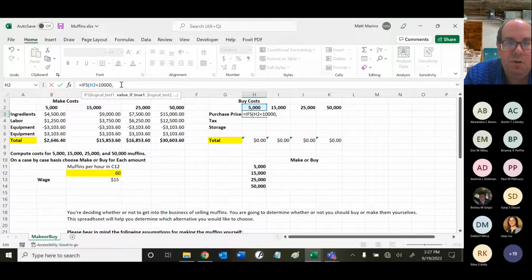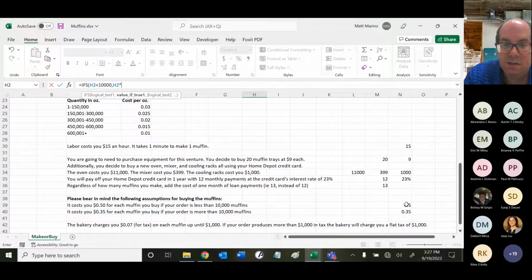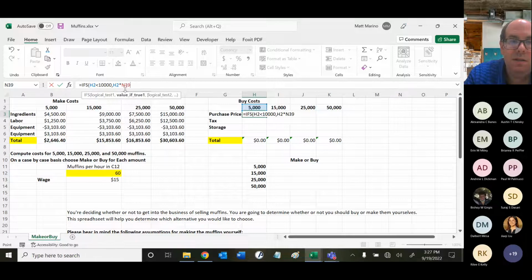And if our value is true, we put comma, H2 times our more expensive cost. So we scroll down and select N39, make it an absolute. So this way, when we autofill over, we don't have to change it.